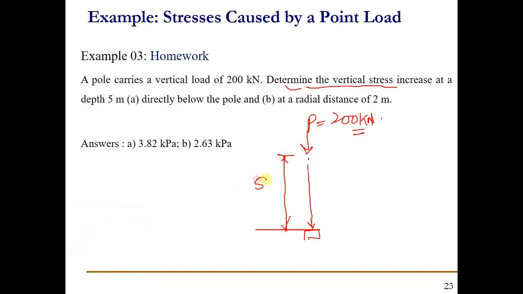This is the 5 meter depth directly below the pole and at a radial distance of 2 meter. Here we need to find out delta sigma, and here we need to find out delta sigma as well, due to this.